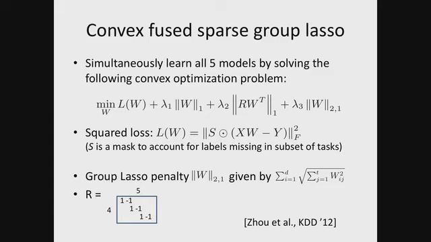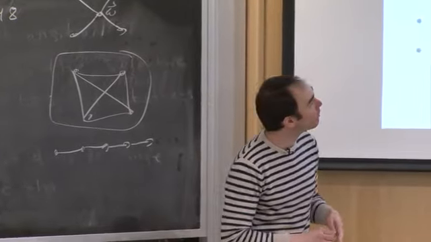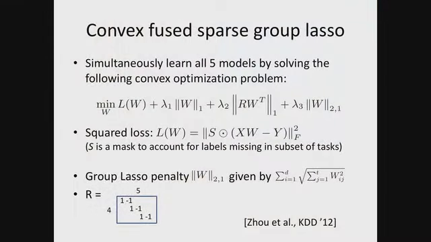And this is just one way to implement precisely this idea that I had on the board here. So what this R matrix is going to say is, you can have as many rows as you have edges. And for the corresponding task, which is S, you have a 1. And for the corresponding task, which is T, you have a -1.